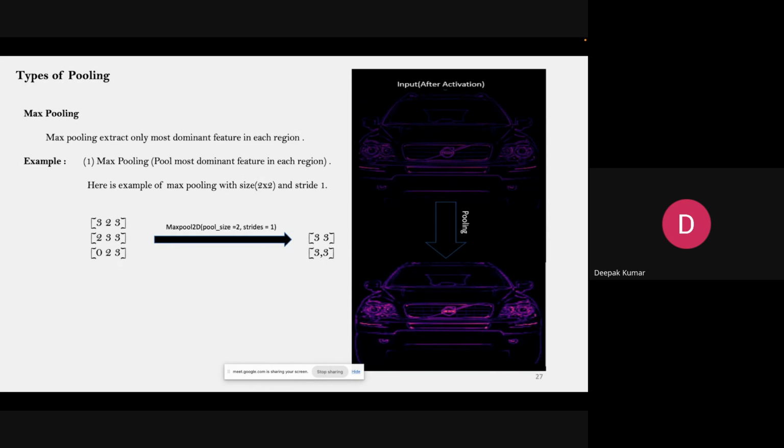If we apply it on the full matrix, we will get just 1 pixel, 3, correct? So we usually have 2 by 2 or 3 by 3 max pooling to highlight that region. If that small part of the image is important, it will be highlighted. If it is not important, it will remain the same, right? So that's the whole idea about applying this pooling.